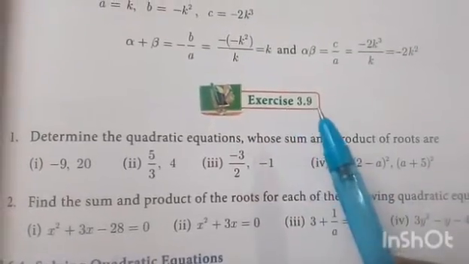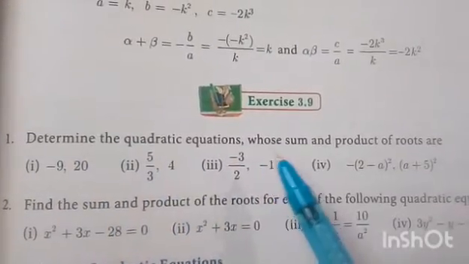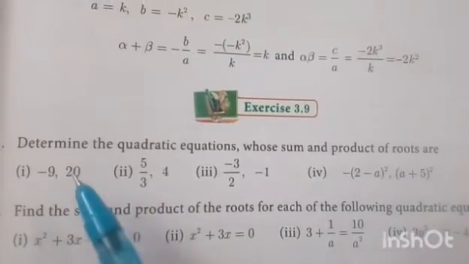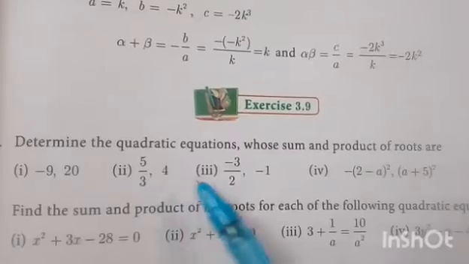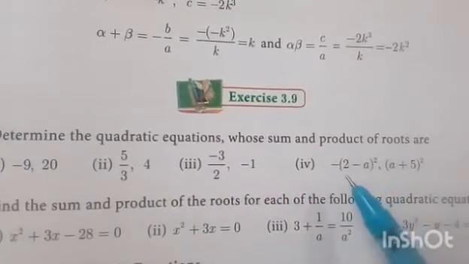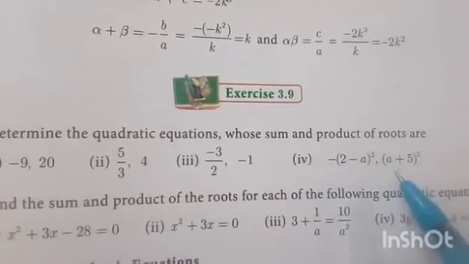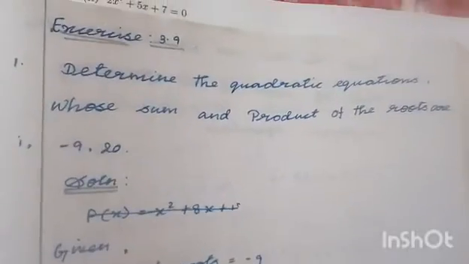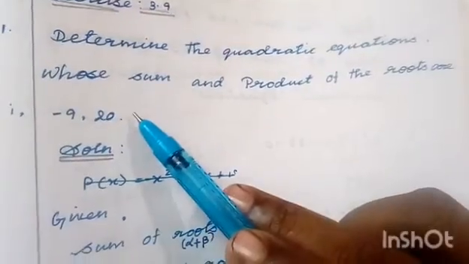Students, now exercise 3.9, first problem: determine the quadratic equation whose sum and product of roots are given. The first problem, minus 9, 20. Second problem, 5 by 3, 4. Third problem, minus 3 by 2, minus 1. Fourth problem, minus of 2 minus a whole square, a plus 5 whole square. First, write the given question, minus 9, 20.